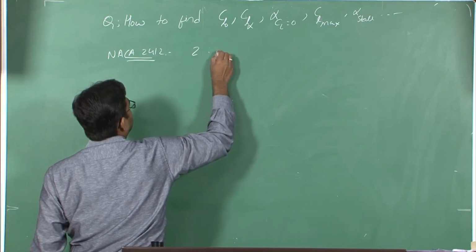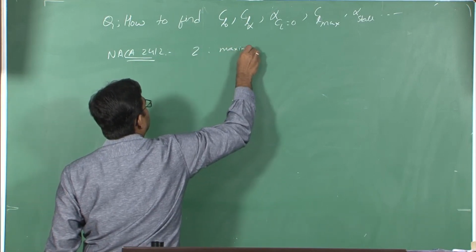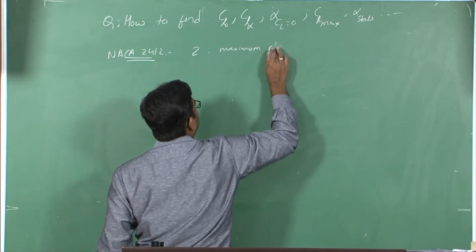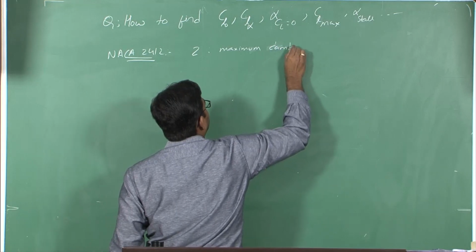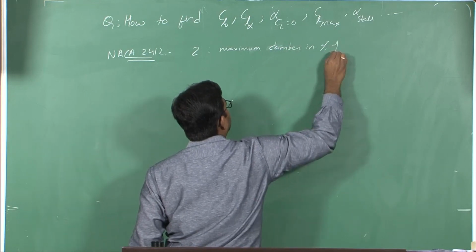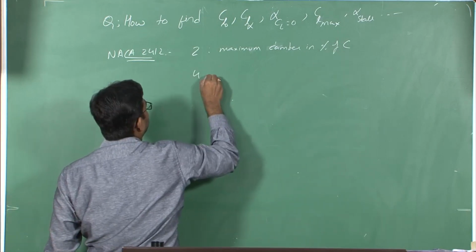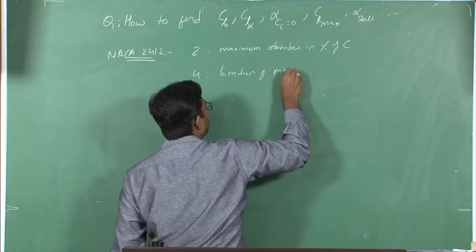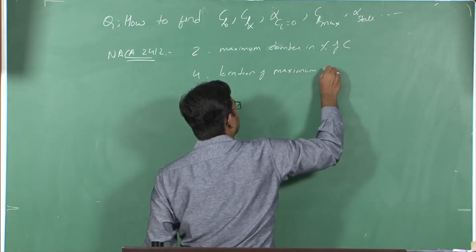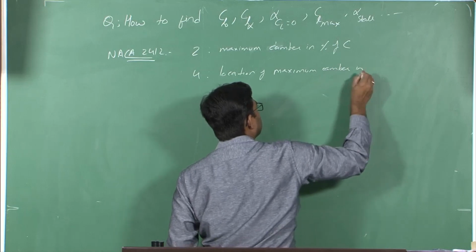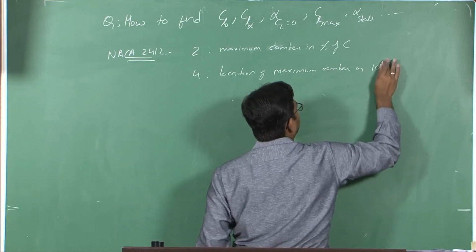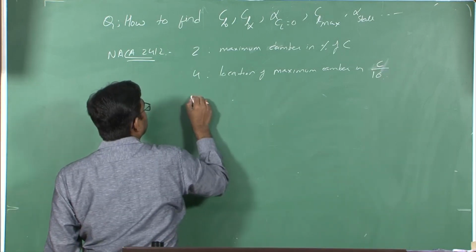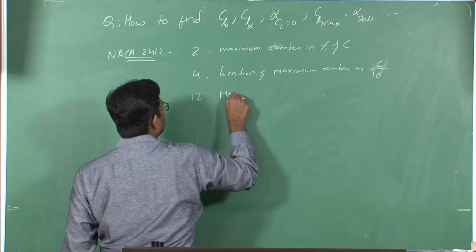The 2 represents the maximum camber in percentage of chord, 4 represents the location of maximum camber in tenths of chord, that is C by 10, and 12 represents maximum thickness in percentage of chord.